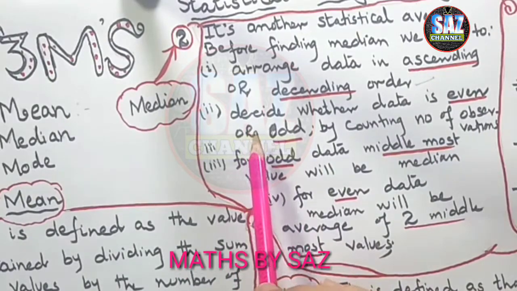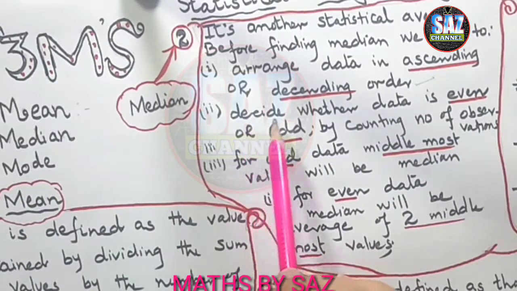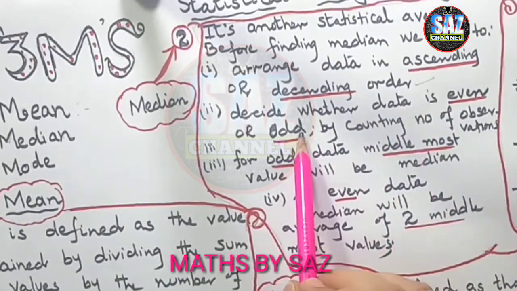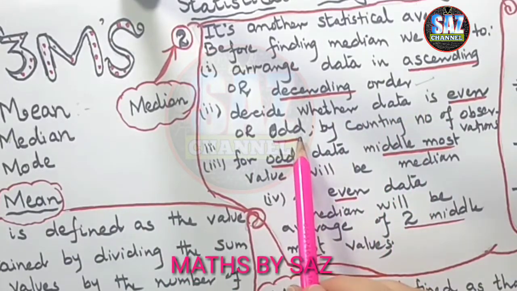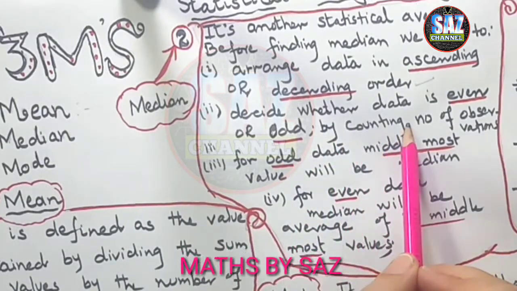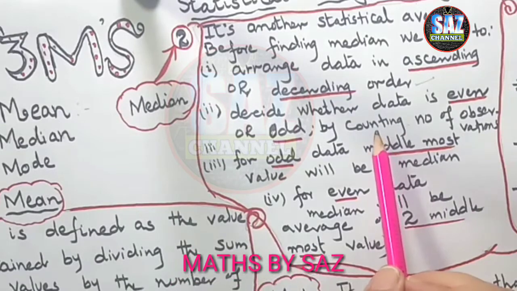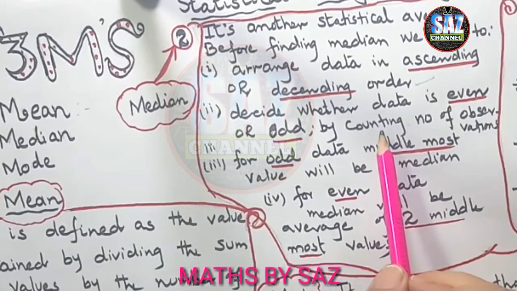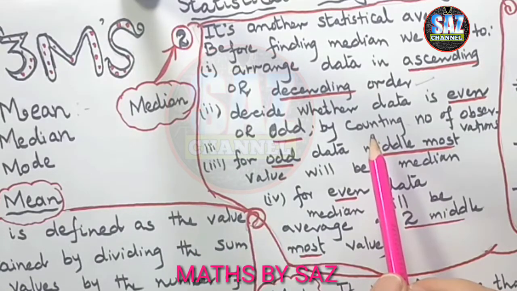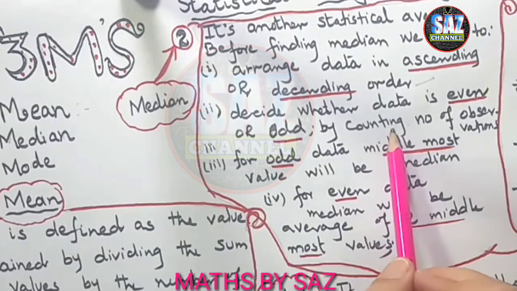After putting the data in ascending order, we have to decide whether the data is even or odd. How are we going to decide? We will count the number of observations. If the observations are 5 or 7 or 9, that is odd data, and if the observations are 6 or 8 or 10, that is even data.